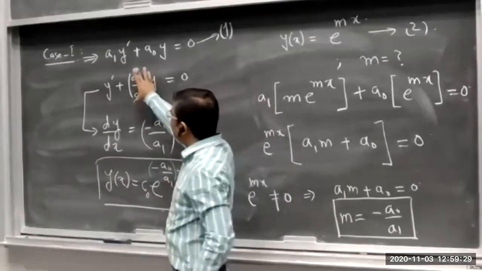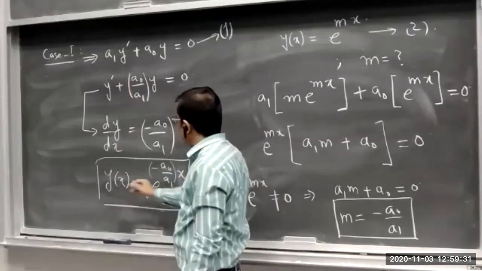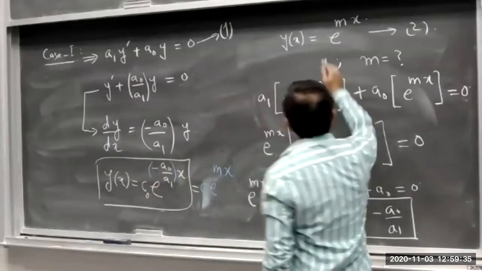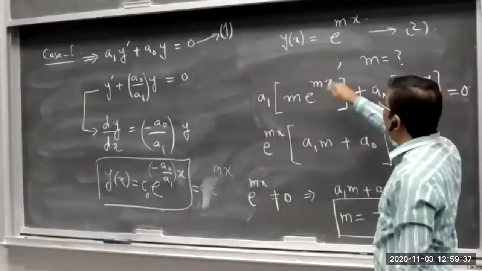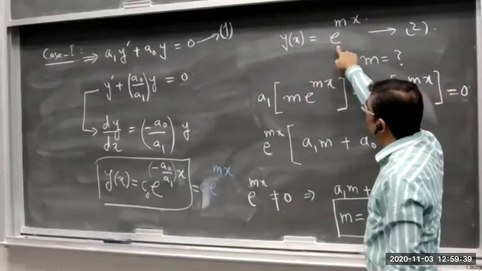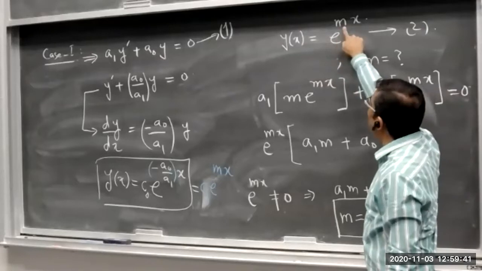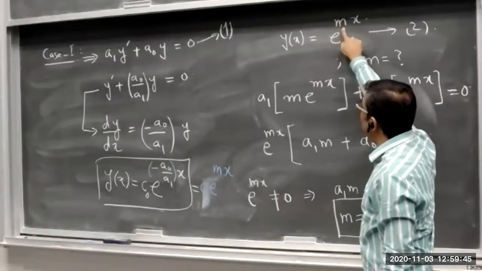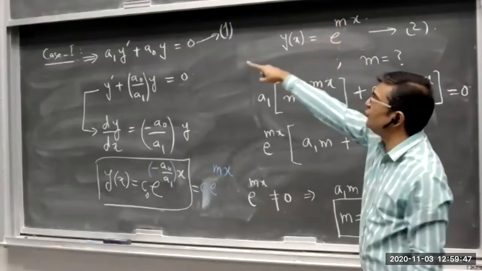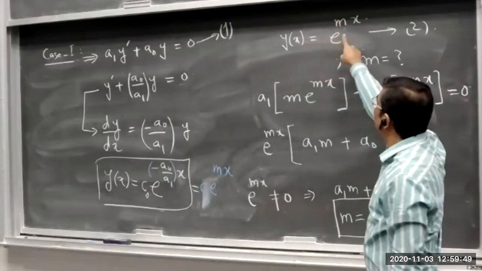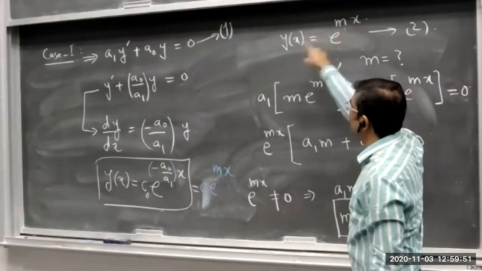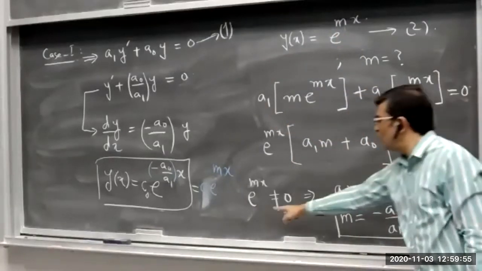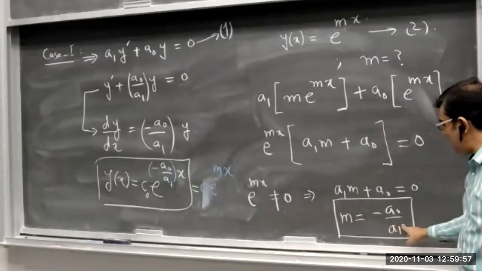By solving this linear differential equation directly, you get this solution. Or we can solve the similar differential equation by assuming that the solution is of this form, where m is unknown. We can find the value of m by inserting this solution into the differential equation. After inserting this solution into the differential equation and solving it, we can find the value of m.